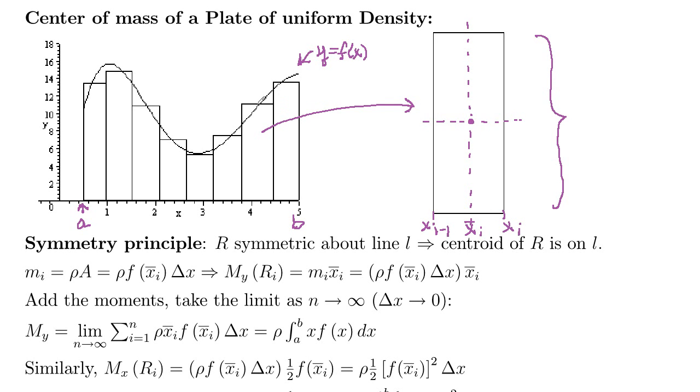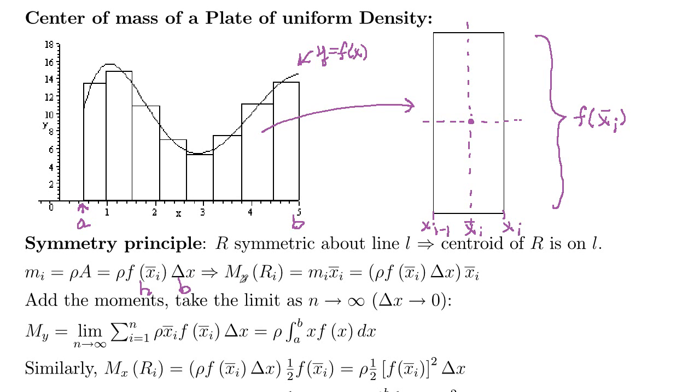Because we're using sort of a midpoint here. So the height we can approximate with the function value at x̄ sub i. And then the base is just going to be delta x. So here's our height times our base, which is equal to area.